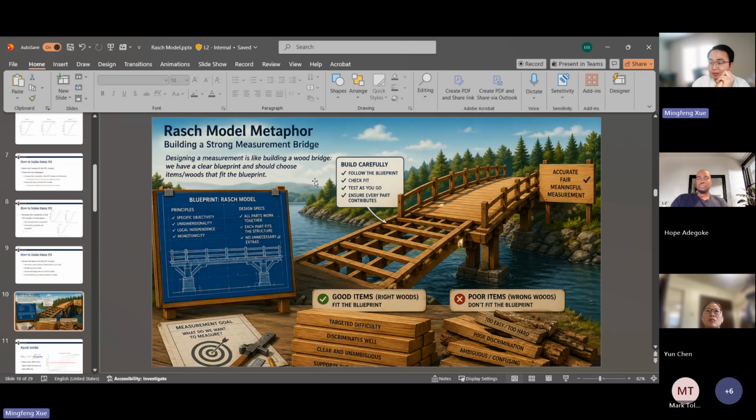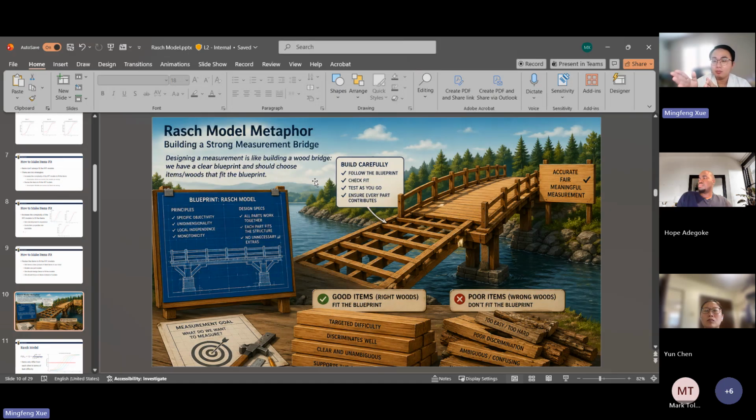Building an instrument, a measure, questionnaire, or scale is like building a bridge, a wooden bridge. Before we build the bridge, we have a blueprint in our mind, and this is like the bridge we want to build. Each wood is actually an item.